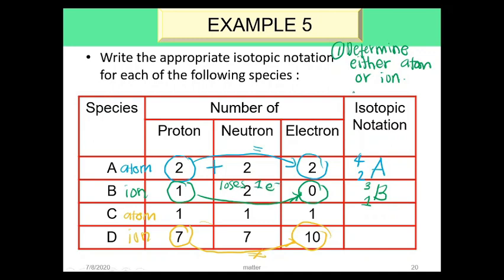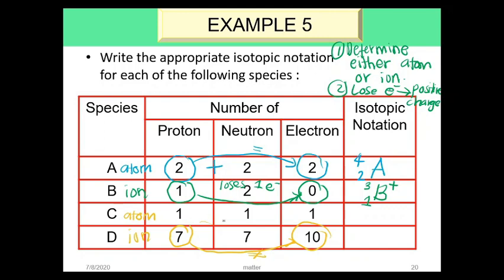So if we lose an electron, you're going to have, is it positive or negative charge, class? Yes, you should be having positive charge. So hence the charge for B is plus 1. You don't have to write 1 for this.